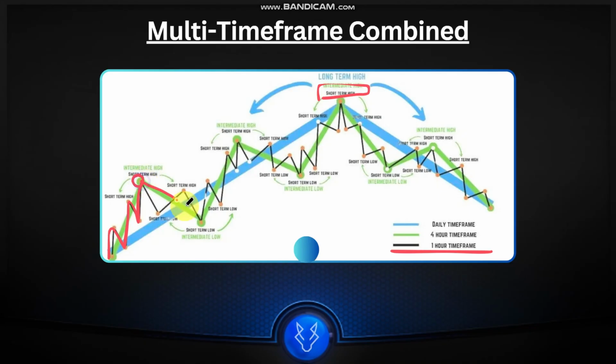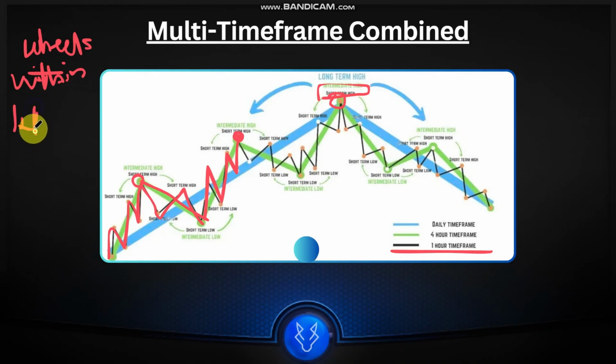intermediate time frame, came down like this, but as it's coming down, it made this. And this is another area here. As it was going, it made this. So it connected. Now the lower time frame is connected to the higher time frame. This is what we call wheels within wheels.